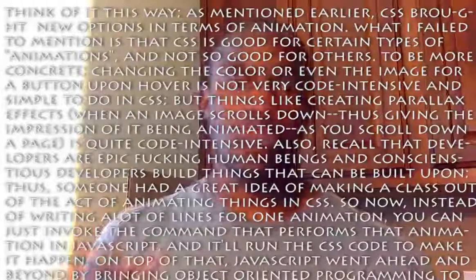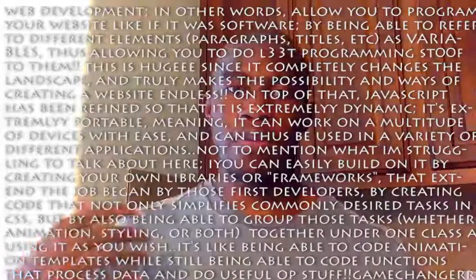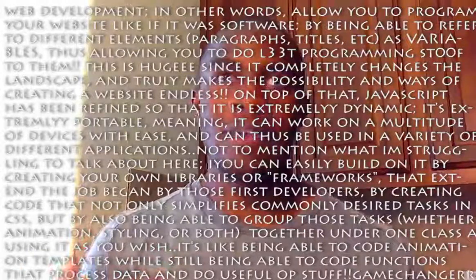So in this case, these libraries, what they do is you just apply the particular class. And a class, you can think of it as a predefined set of code that does particular animations or stylings, right? It just comes with it.